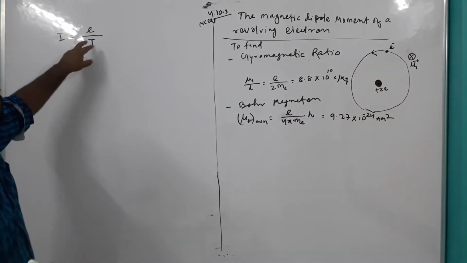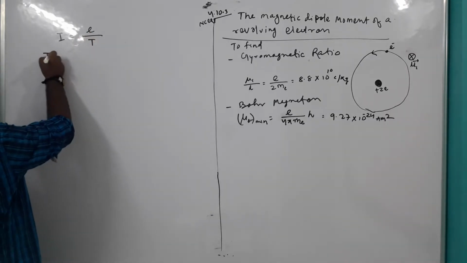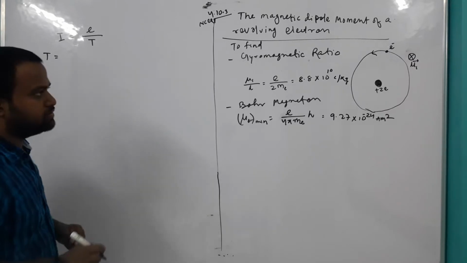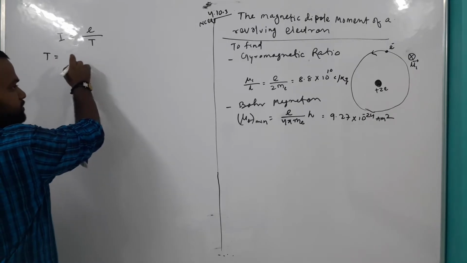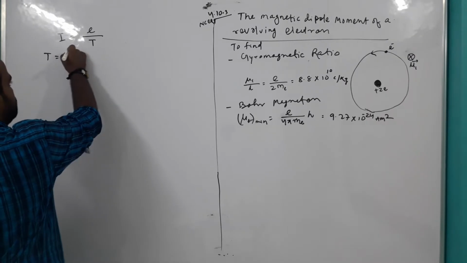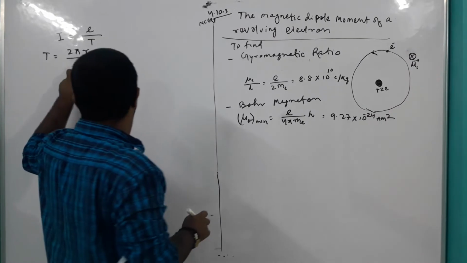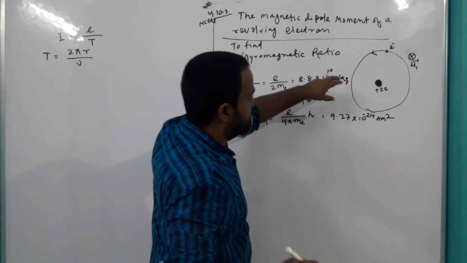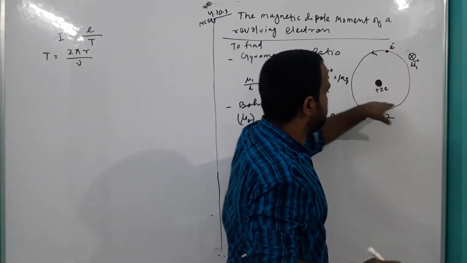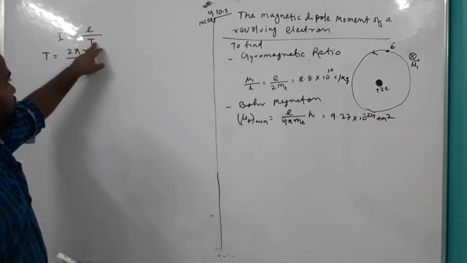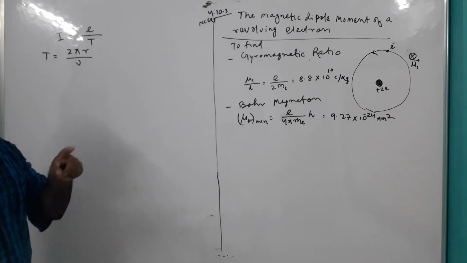So current I is equal to e upon T. In this case we can write the time period T as distance upon velocity, so 2 pi r upon v. v is the speed of the electron, and 2 pi r is the distance of one complete rotation, because we have written capital T. It is the time period to complete one rotation for one charge, and that gives the current generated, that is I.